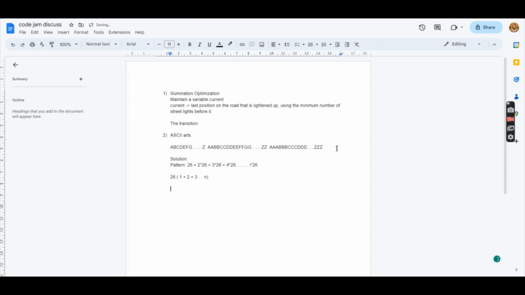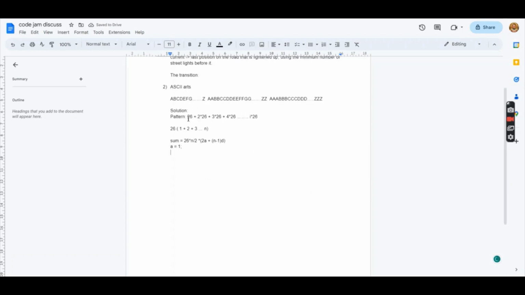So the sum of this AP would be 26 into n by 2, into 2a plus n minus 1 into d, and a is 1 here. So you can basically binary search on this pattern. n is given in the problem, so let's take this as m.